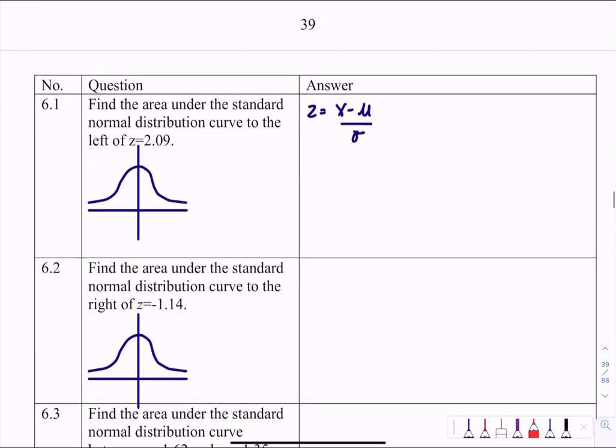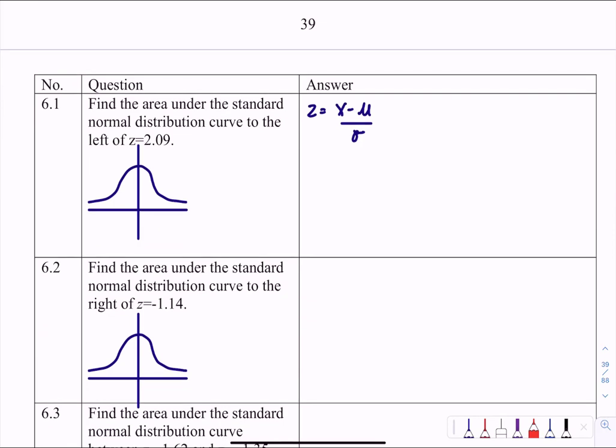Okay, now we move to the first part of the normal distribution, so that we can understand the whole picture, why this normal distribution curve is very important for us to find the probability of certain things in the population or the sample.